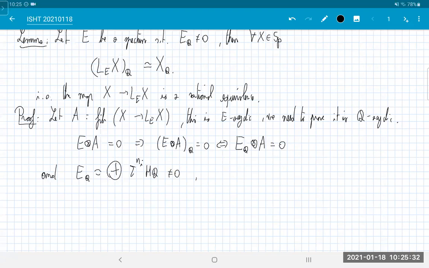So E_Q tensor A is 0 if and only if HQ tensor A is 0, and that's the end of the proof. Of course, we used that E_Q is non-zero, so that there is at least one HQ summand. Because if E_Q is 0, then this doesn't work.